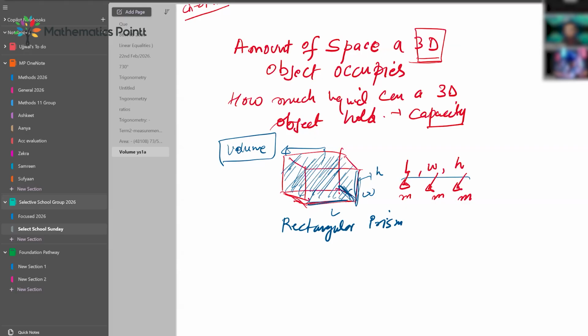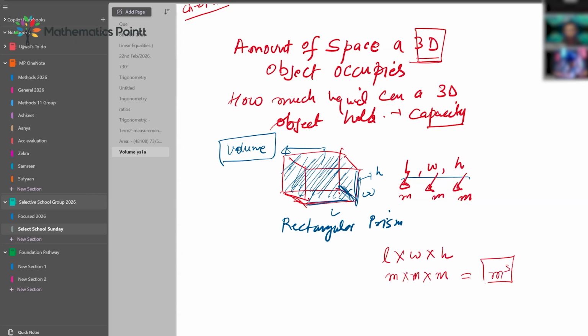So if I have to find the volume of this particular shoebox, we all know, right? And this is not a surprise. The volume of a rectangular prism is length times width times height. So you've got meters times meters times meters, which essentially means meter cube.